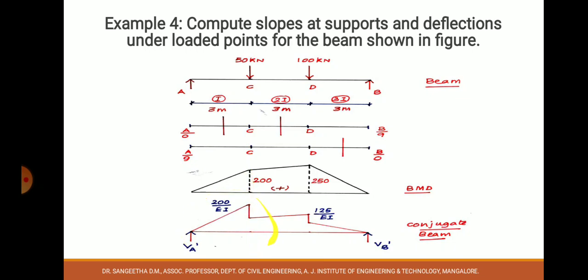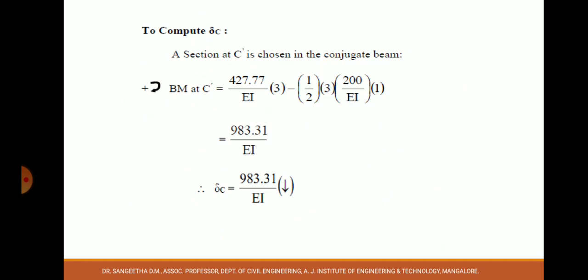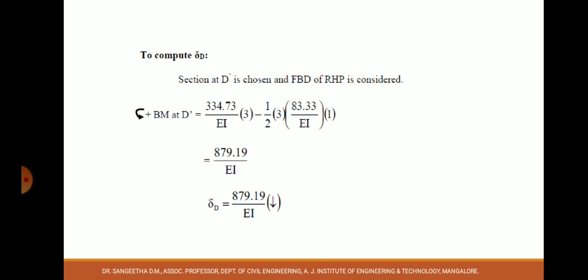So VA' into 3 minus half into 3 into 200 by EI into 1/3 of base, 1/3 of 3. So 3 and 3 cancel and 1 remains. So substitute this, you will get deflection at C. Similarly, you can find the deflection at D.